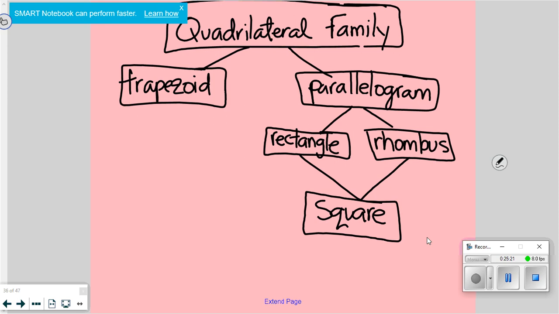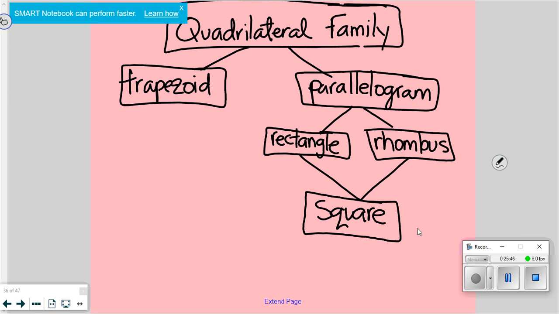So far, so good? We understand how they're related? Are all quadrilaterals squares? No. Are all squares quadrilaterals? Yes. So tricky. Are all rectangles squares?